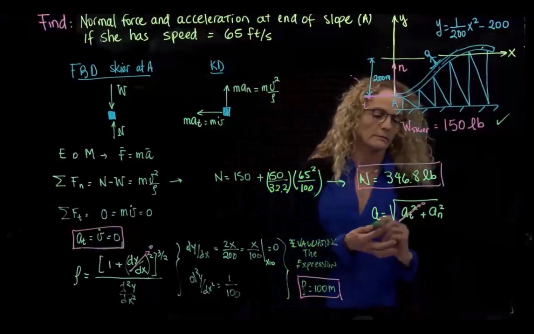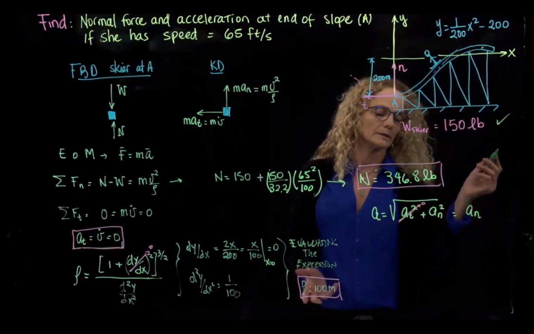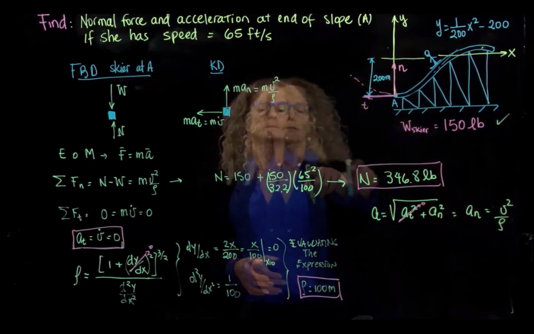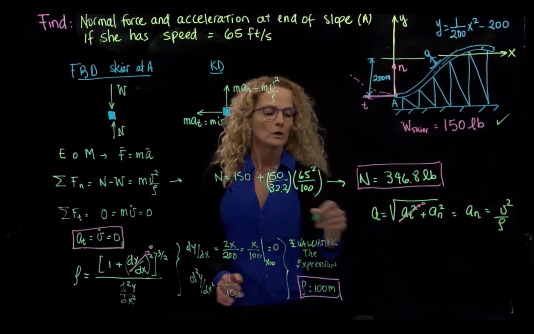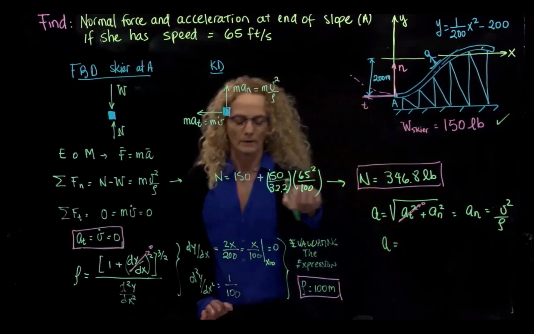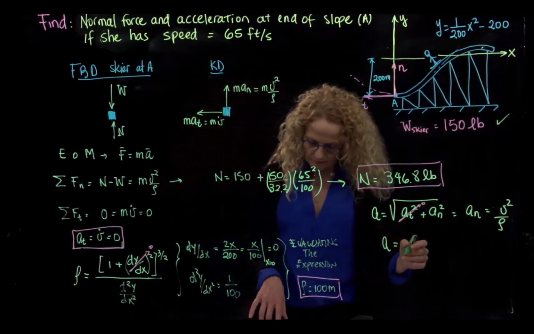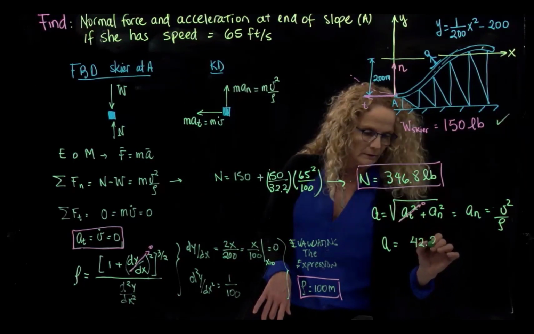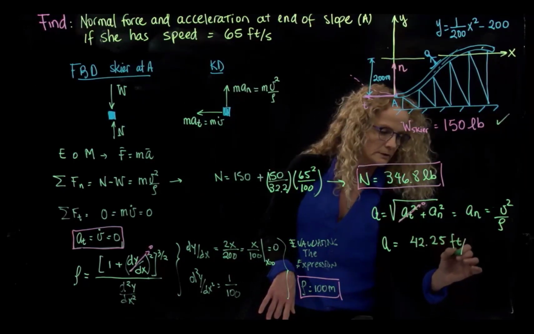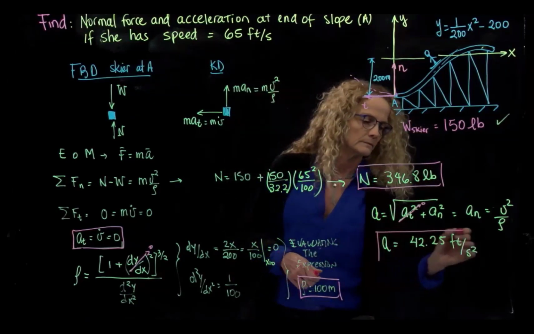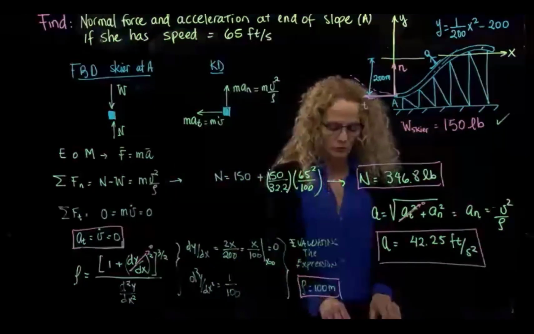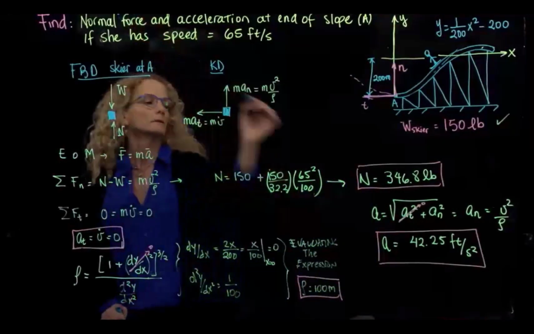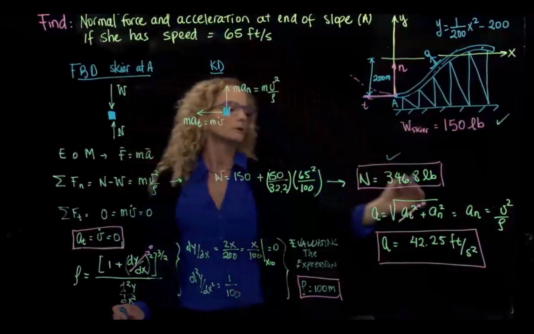So my acceleration is the normal acceleration, velocity squared over radius of curvature, and I calculated this value to be 42.25 feet per second squared. That's the solution of the problem. We were able to find the normal force and the acceleration at the end of the slope.